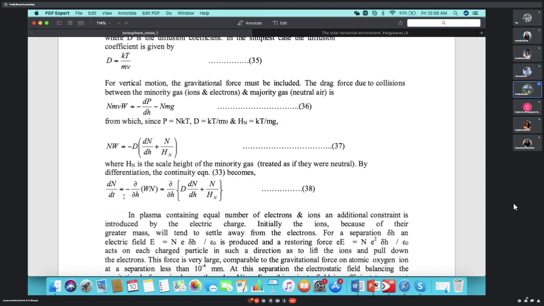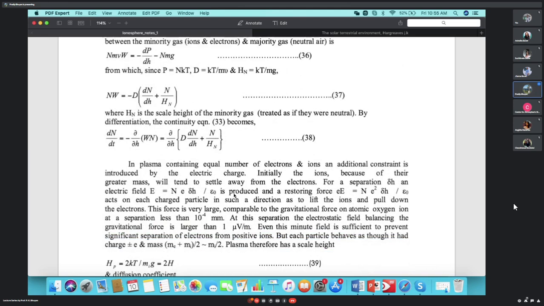So dn/dt is equal to minus del S W_n. For W_n, we put this d/dh of (dn/dh plus n/H_n). So this is your dn/dt so far.